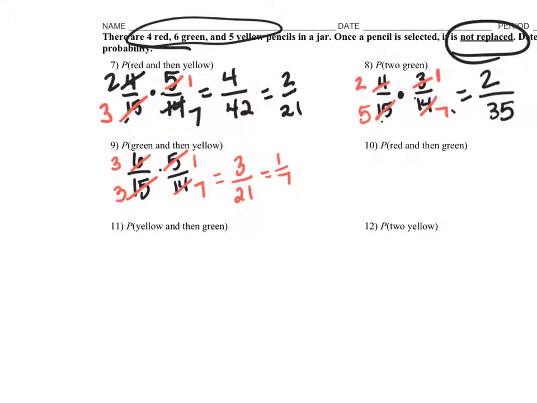Okay, so red and then green. Red is 4 out of 15, and green is 6 out of, nope, we took 1 away, so 14.